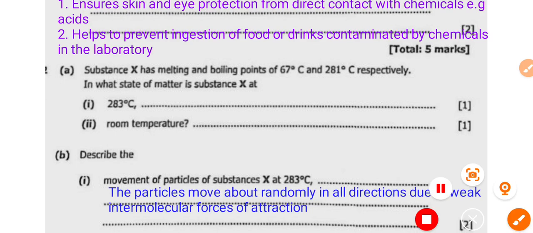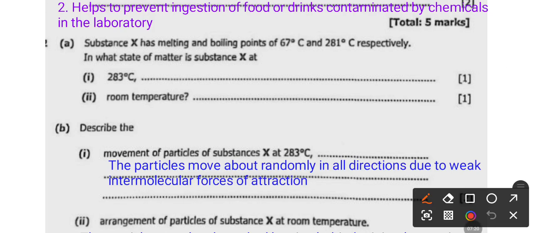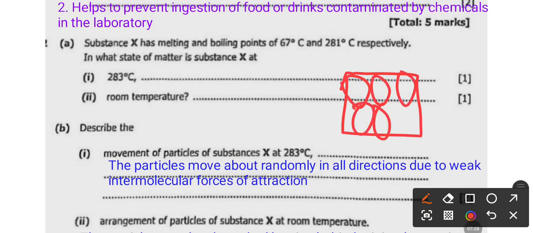Question C. Arrangement of particles of substance X at room temperature. Here we have already established that at room temperature, substance X exists as a solid, and we know that in a solid state, the particles are closely packed to each other such that there is barely any space in between the particles.